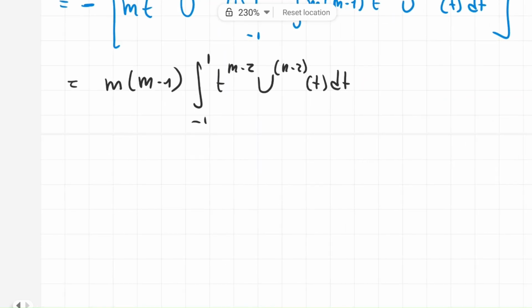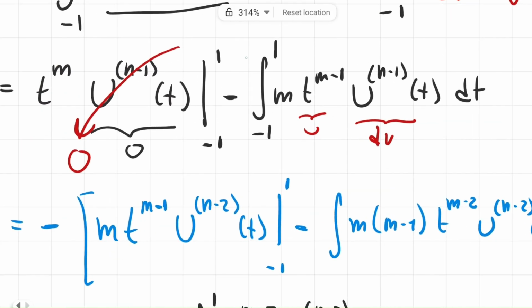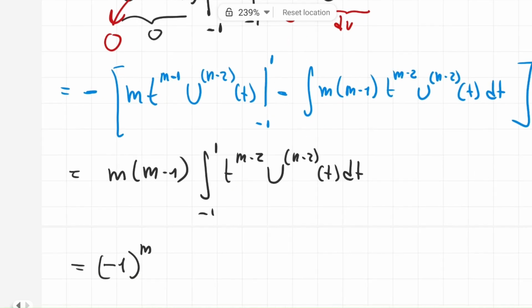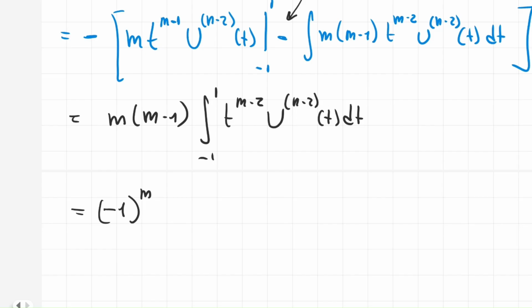So I think it's not very hard to notice that if we keep going m times, we are going to get that this is -1 to the m, right? Because at the first step, we had a minus here. And then when we integrate again, we took another minus out. So that gives us minus 1 squared.